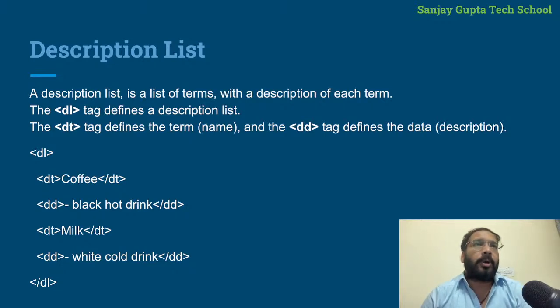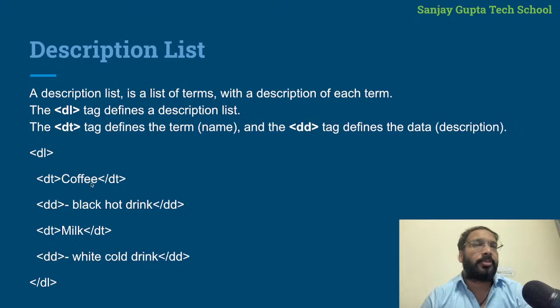Now, the third type of list is description list. This description list is very simple. Here we have DL, description list, then we have DT, description term, and then we have DD, description data. The description term and description data will be available in nested form.